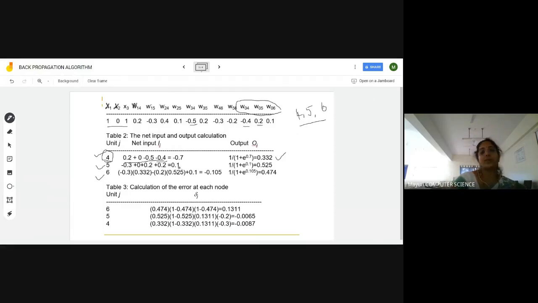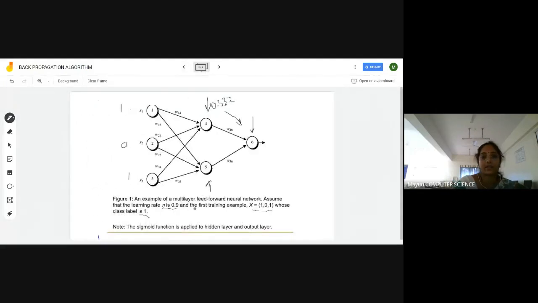So you will get 0.1, apply the activation function on that, you will get 0.525. Once you wrote the figure, write 0.525 here. So now this will act as the input to go to 6.